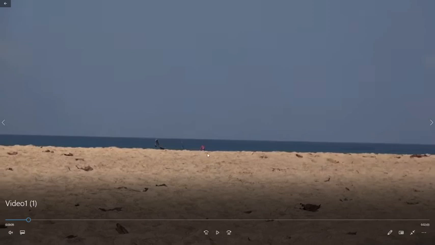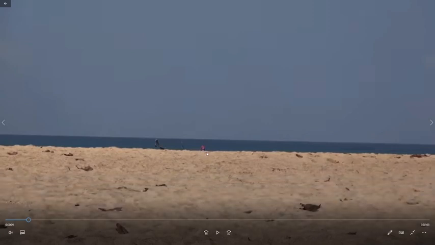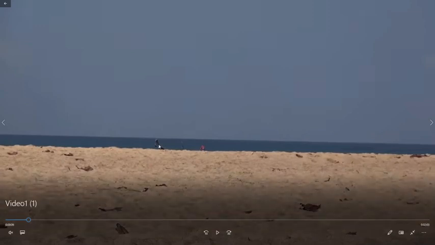Now, this is the parallax thing that I was just talking about. If the boat is behind the hump or curve, then the sandbank in the front will obscure the boat.